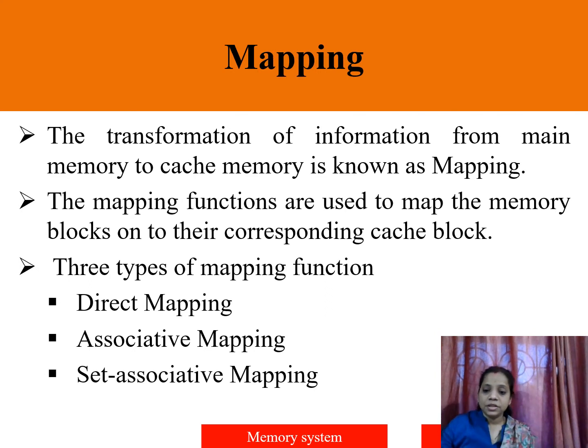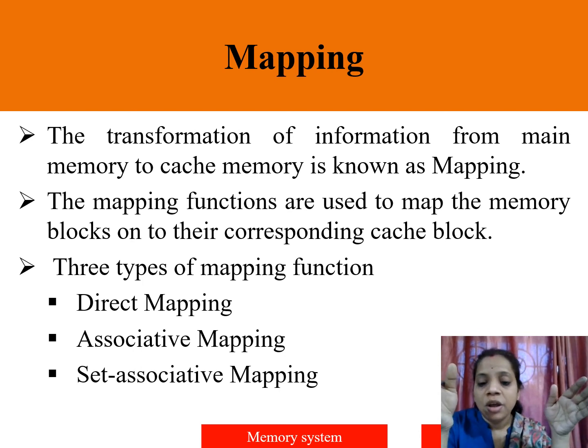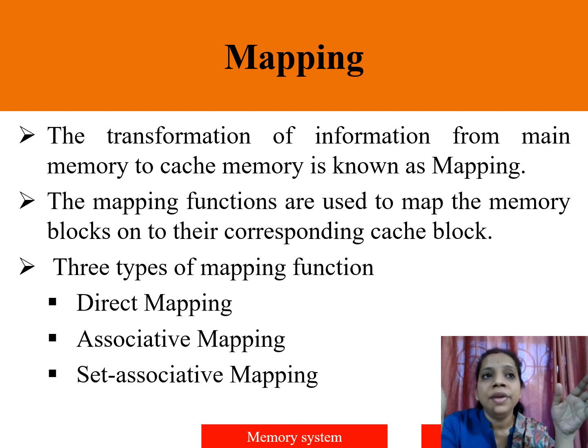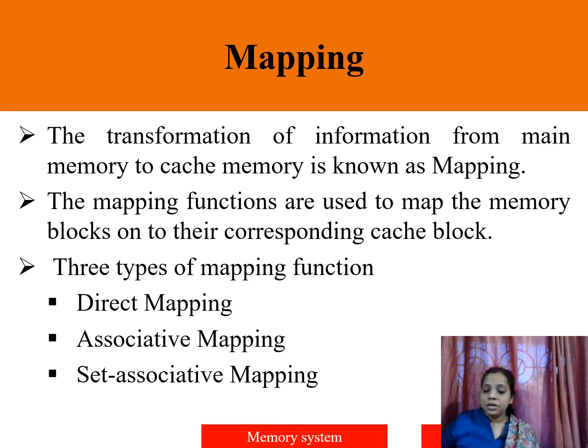Now the next concept, the most important concept, is mapping. Before going to mapping, I should tell you why we need a map. Map is a term which is used when we map something onto something. Let's say we map a geographical area from a particular place to another particular place.